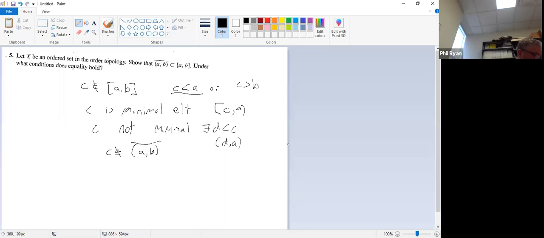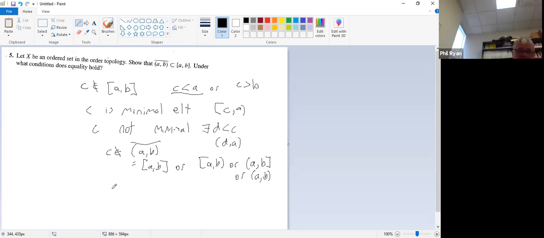So there are four possibilities then for the closure of AB. It can be the closed interval, or it could be a half open interval, or it could be just itself. So which one of these is it going to be?